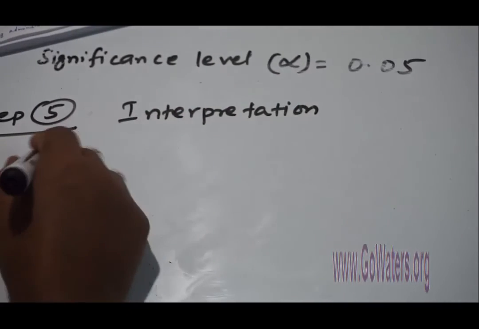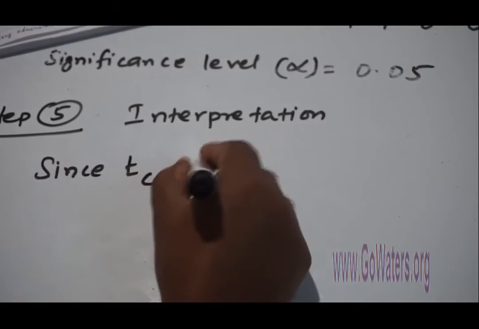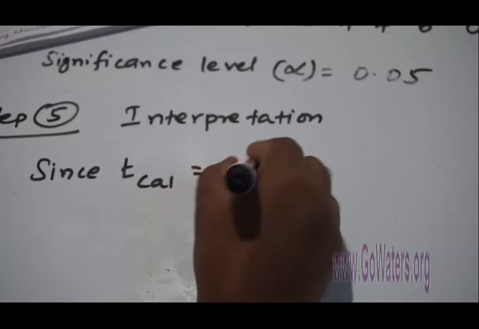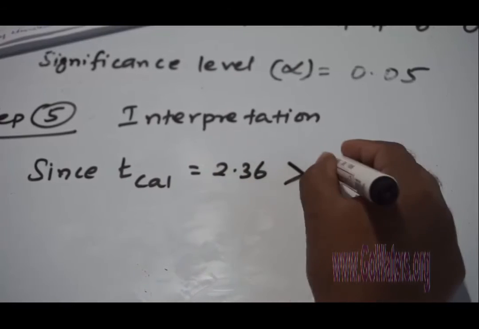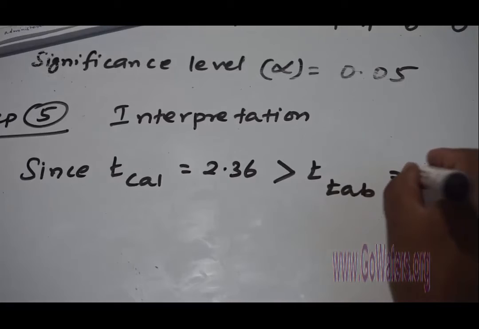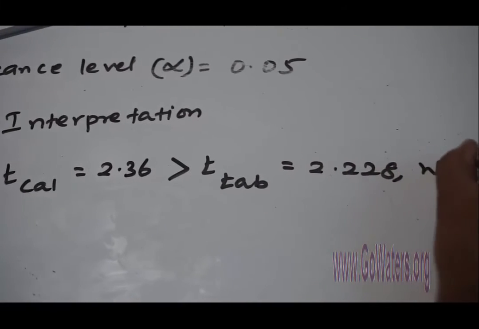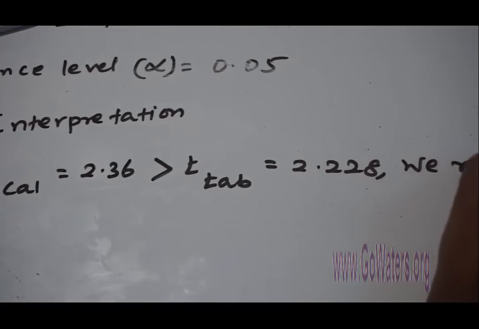So interpretation: since the T calculated value, which is equal to 2.36, is greater than the T tabulated value, which is equal to 2.228, we reject the hypothesis H0.